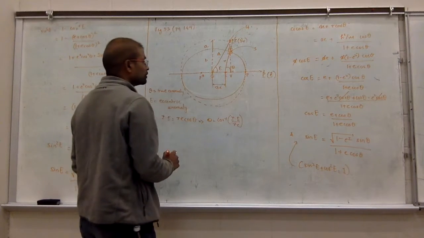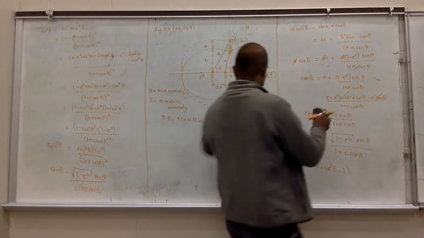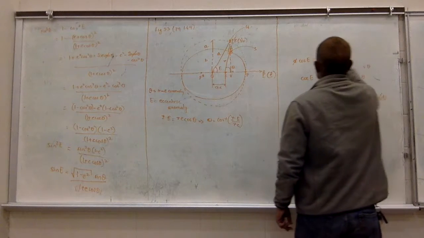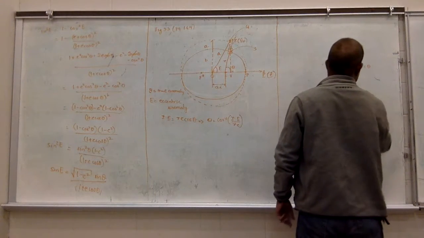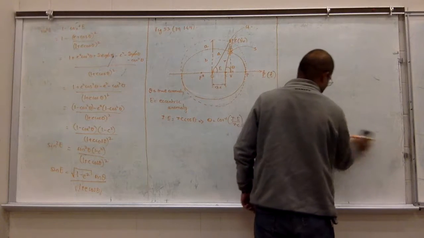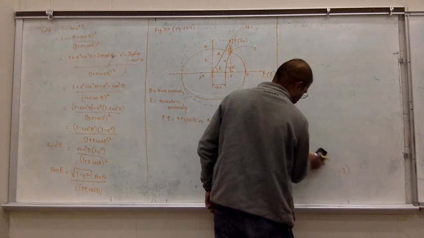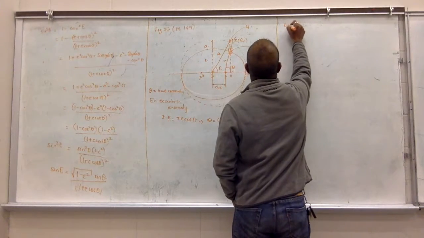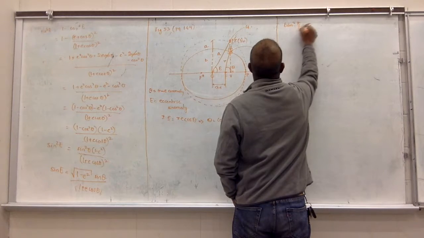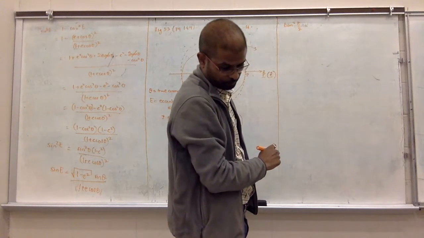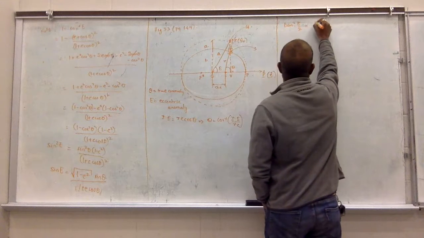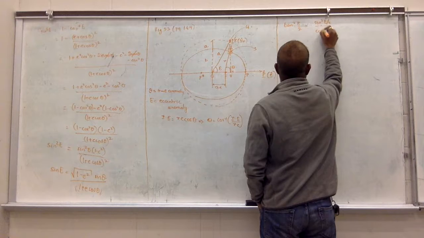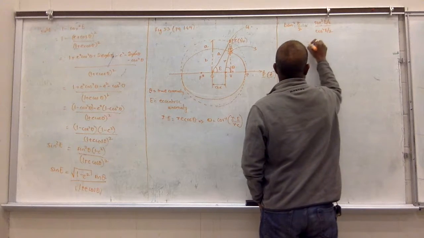Now what we'll do is, to erase this, tangent square E over 2 is equal to sine square E over 2 divided by cosine square E over 2.